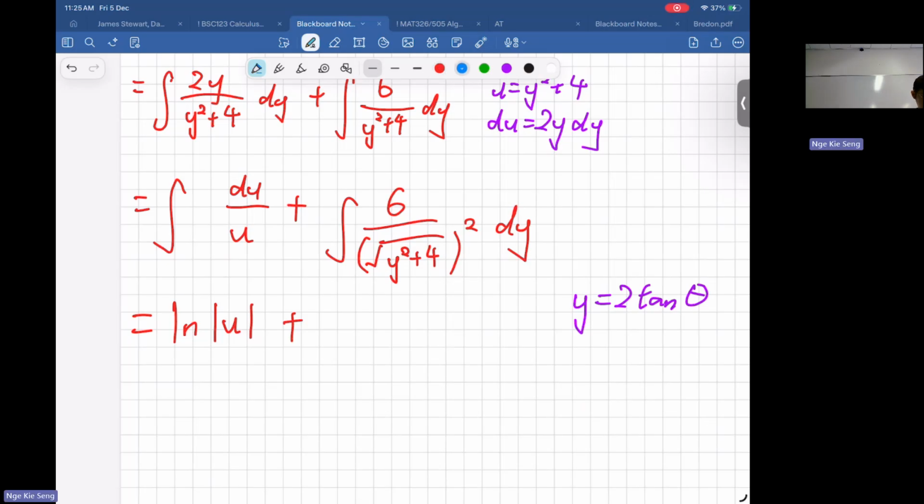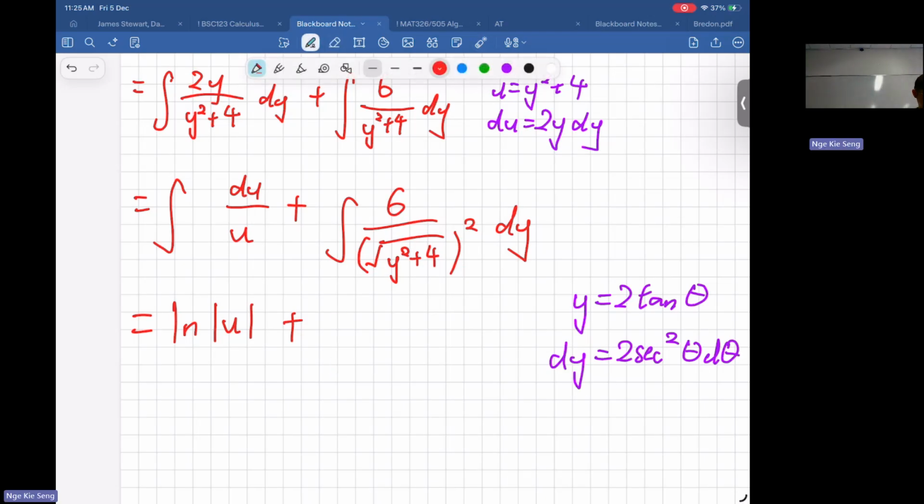Okay, so what's our derivative then? So dy equals to, let me say a cheat. d of tangent theta, what is it? d of tangent theta is secant squared theta, so dy is 2 secant squared theta. Okay, let's try this.